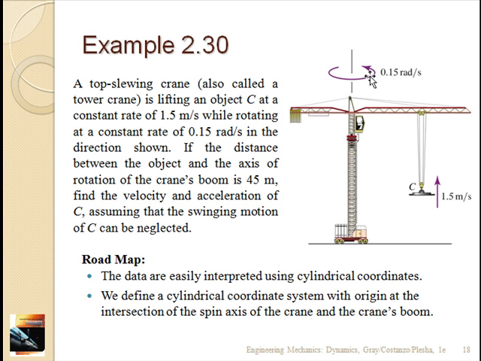There's a rotation velocity of 0.15 radians per second. And then this is being hauled up by the crane at 1.5 meters per second, and we want to understand the velocity and acceleration of this thing we're hauling around as a result of these two motions, the rotation of the crane and the raising of that object.